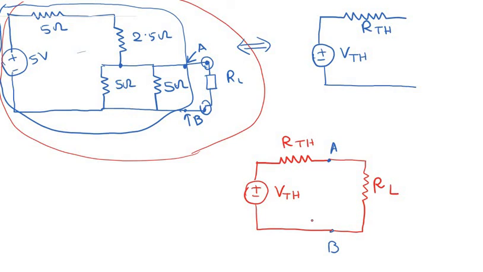So this is the utility of Thevenin's theorem, that any complicated network of resistors, independent voltage sources and current sources can actually be replaced by a single voltage source which we call Thevenin's voltage, represented by VTH, and by a single resistance which is known as Thevenin's resistance, which lies in series with the voltage source VTH.